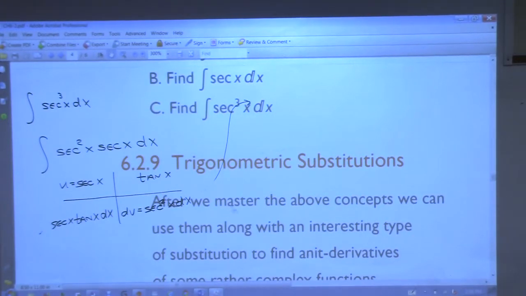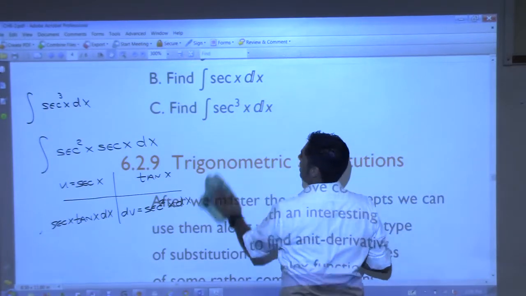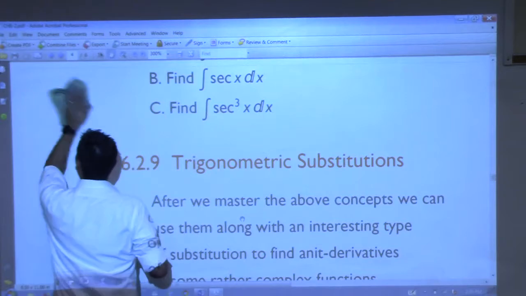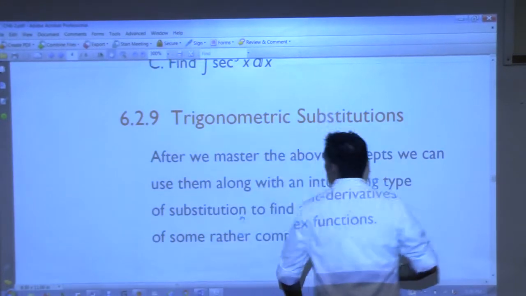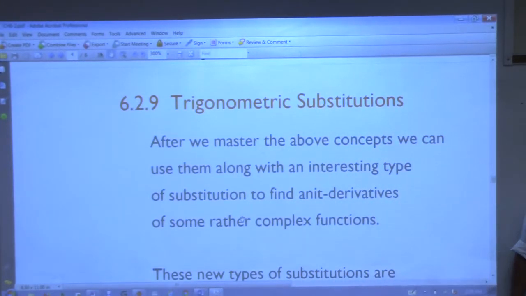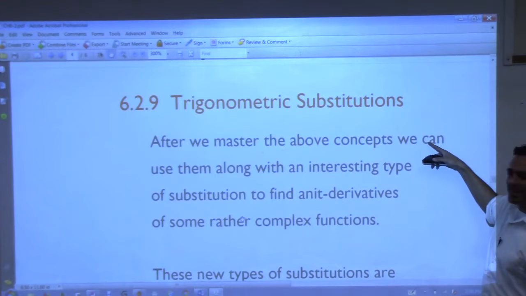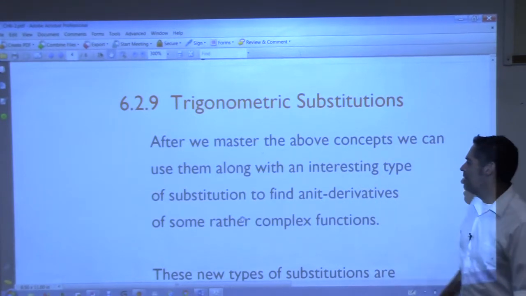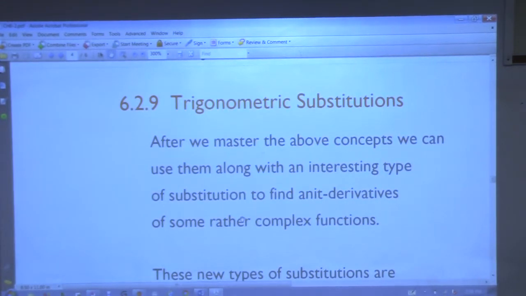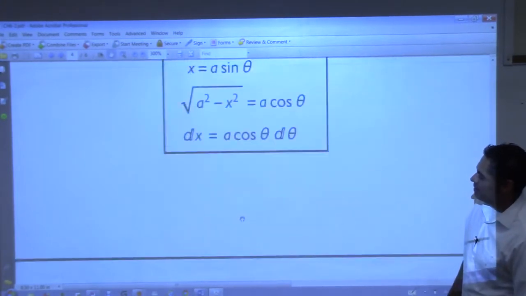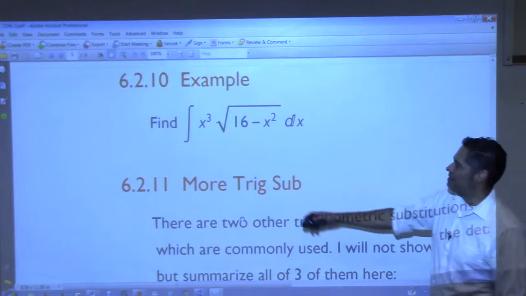Oh, I wanted to look at the notes. So yeah, that was it. Secant cubed was my last example. And then the next thing that we're going to come in with next week on Tuesday is trigonometric substitution. Okay, that'll be it. After we master the above concepts, we use them along with an interesting type of substitution to find antiderivatives of some rather complex functions, like this.